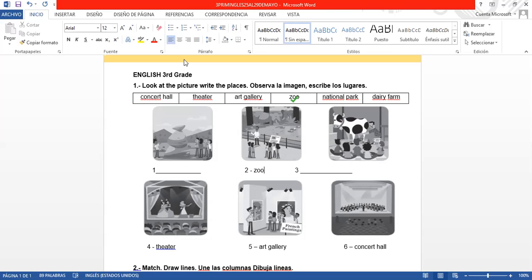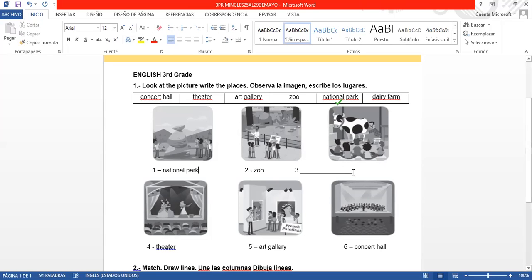Then the next word up is national park. Now this is more focused on the preservation of natural resources, and that includes animals, plants, and maybe some landscapes. And that's just what we have in number 1. We have a national park.